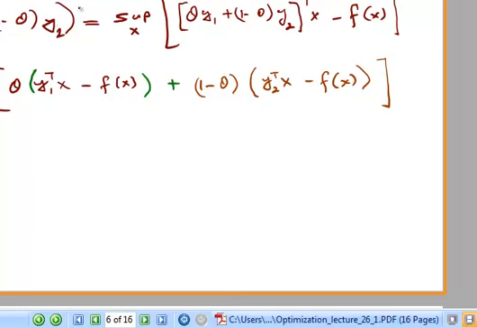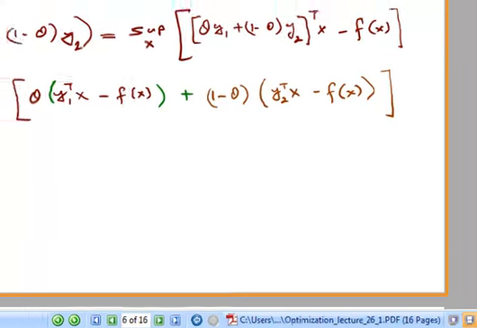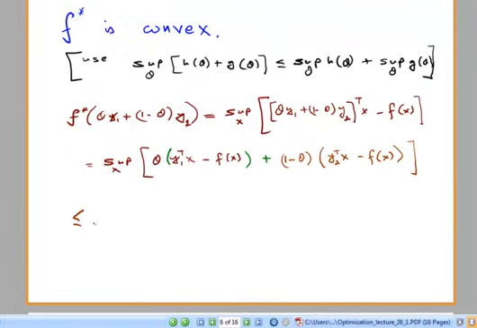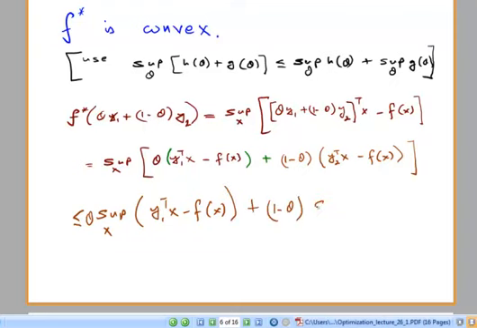And we know by the supremum property that this is less than or equal to the sum of the individual supremums. Supremum over all x, and we can pull the theta out because theta is positive, of y1 transpose x minus f of x, plus 1 minus theta times the supremum over all x of y2 transpose x minus f of x. Correct?